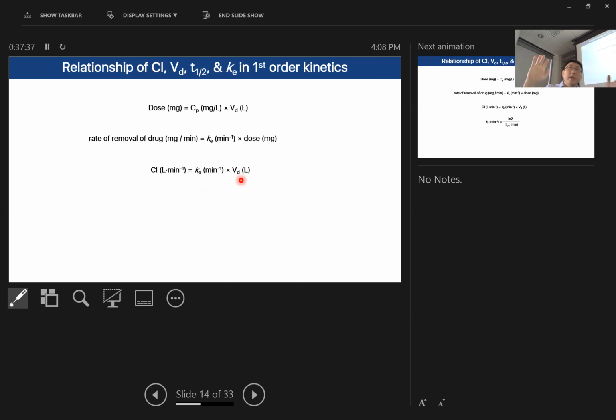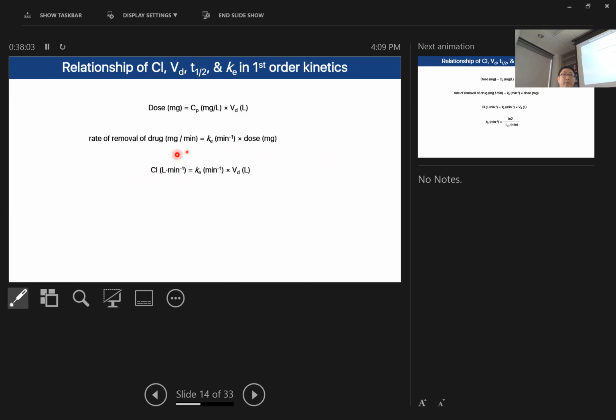So you can imagine you have 10 liters and you say my elimination rate constant is 1 minute minus 1. Then essentially your clearance will be 10 liters per minute.